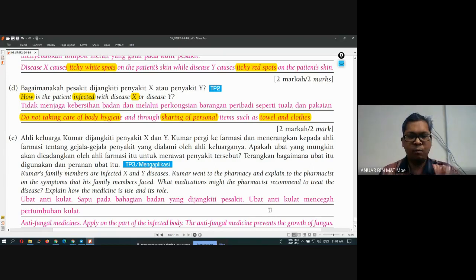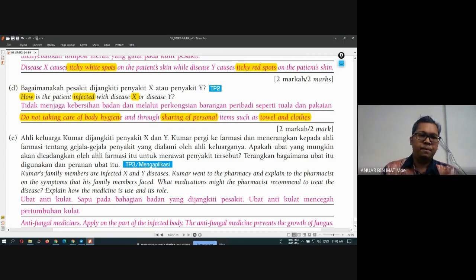You can write in point form depending on the space available. If the space is very limited, only 2 lines, you can write the whole sentence. So 2 marks: not taking care of body hygiene, sharing personal items such as towels and clothes.